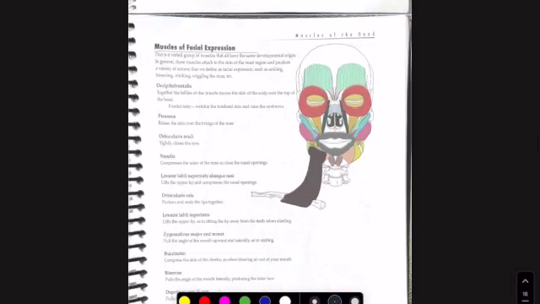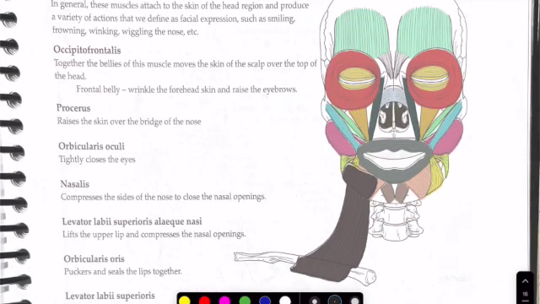Let's go through here. This is just another picture from another book. It gives you that look of the face muscles head on. Frontalis, right?